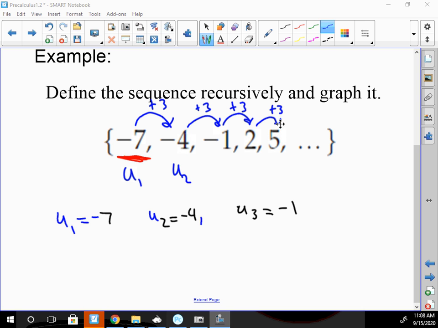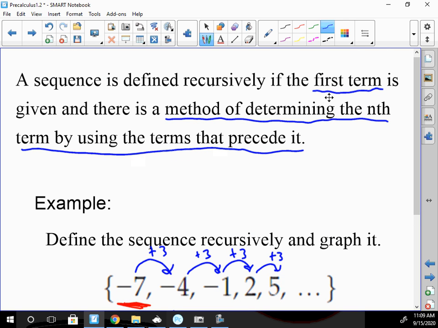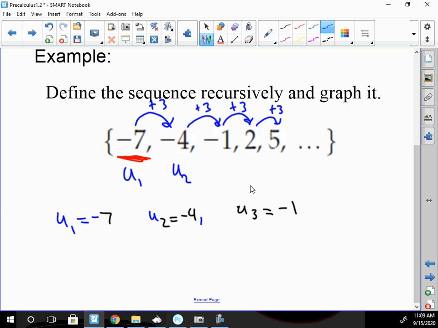Right? So a recursive sequence is saying that I have a first term and there's a method of determining the nth term by using the terms that precede it. So I'm using my first term and this method of +3 each time to get to the end, or whatever term I want.